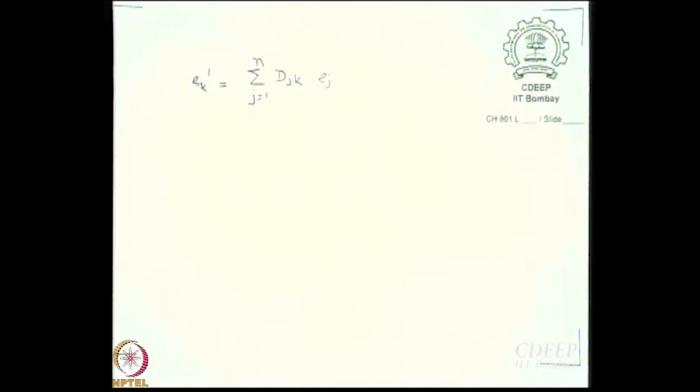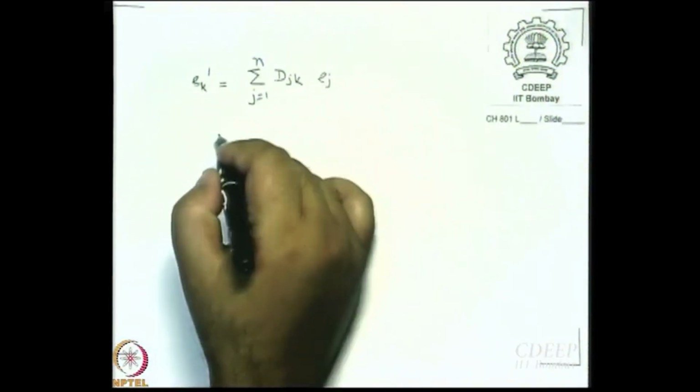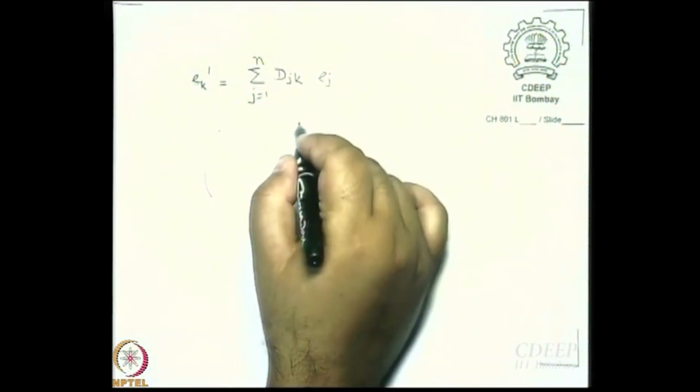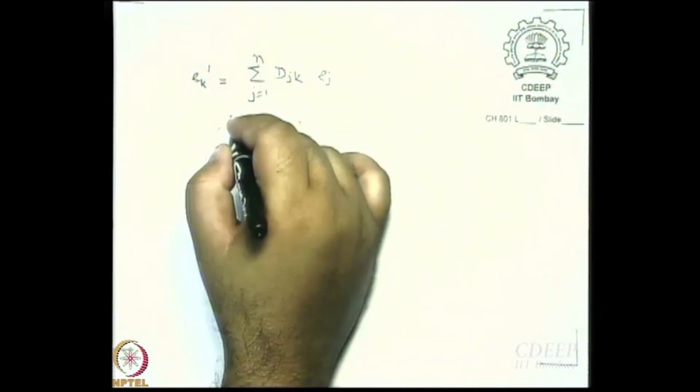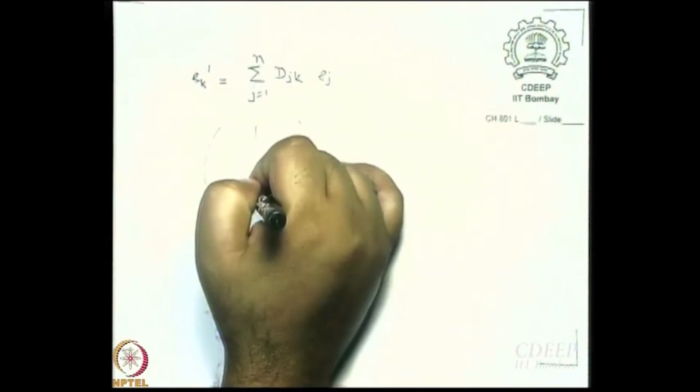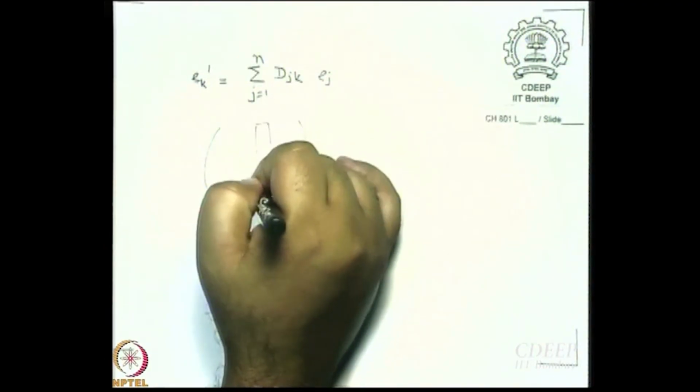What does this mean? This is my matrix. K is constant, I am summing over j. That means I should go down a column.